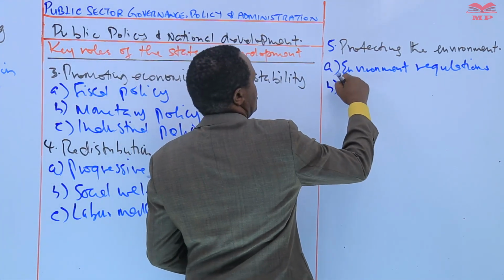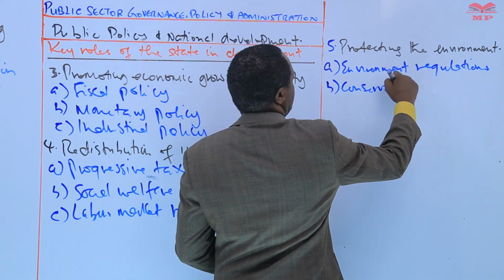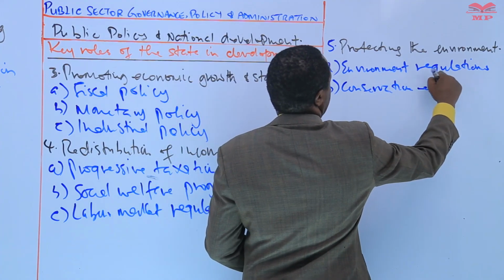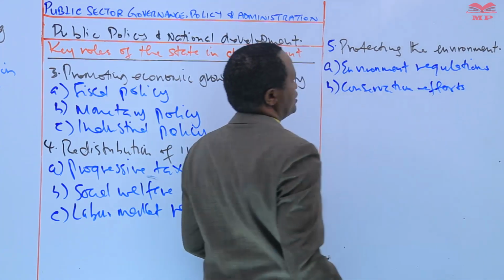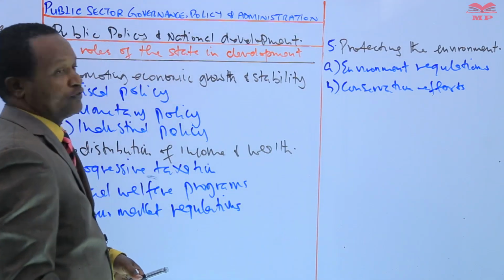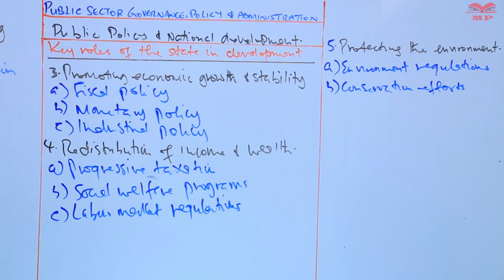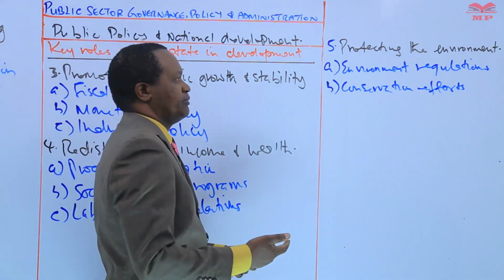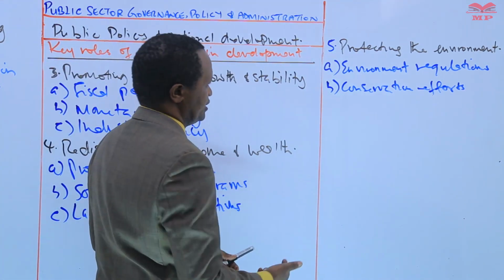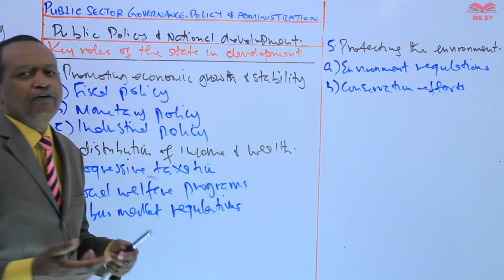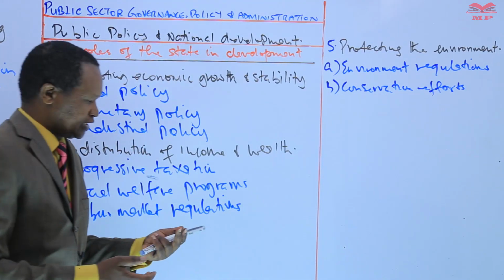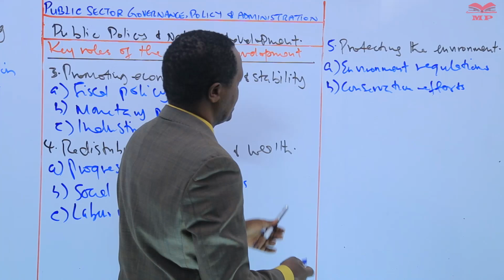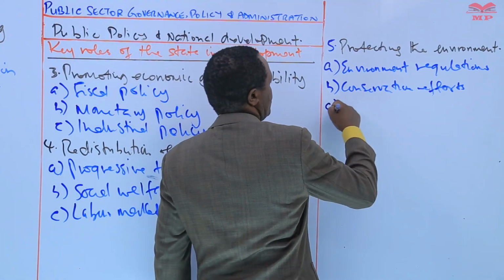Number 2, conservation efforts. The government can protect the environment through conservation efforts. That means protecting natural resources, protecting ecosystems, protecting biodiversity. Another way is through climate change mitigation.